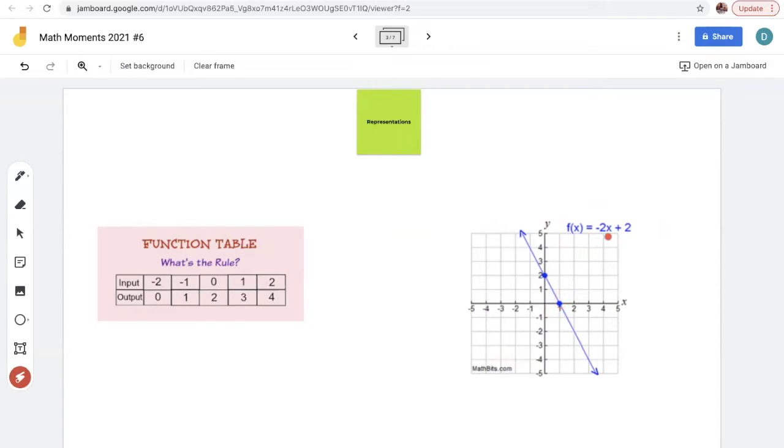If you were to put 0 in for x, you'll get 2. That is accomplished by solving this section here, multiplying the -2 times whatever you put for the input, and then adding 2. So these are basically the typical representations we have of functions. We'll use tables, we'll use graphs, and we'll use equations.